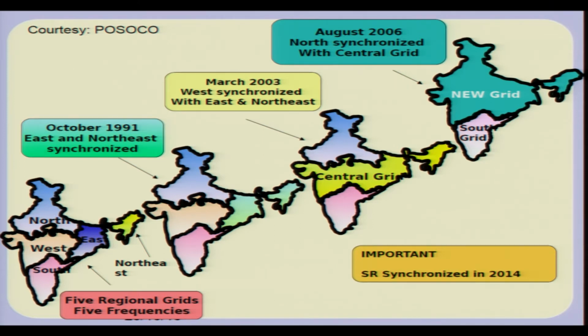Whether to operate as a synchronous grid or asynchronous grid is essentially a techno-economic decision. There are certain advantages of operating two grids asynchronously. The two systems can be operated effectively independently, without one region having to coordinate its generators and governors with the other system, because the frequencies can be different.